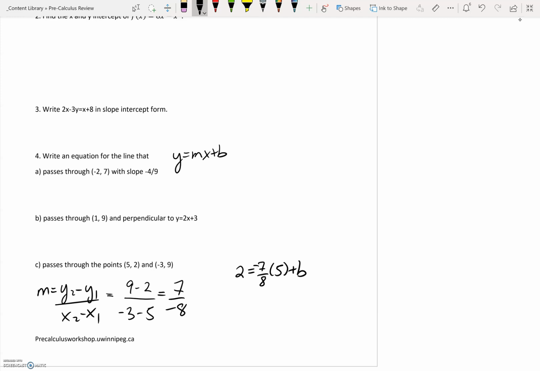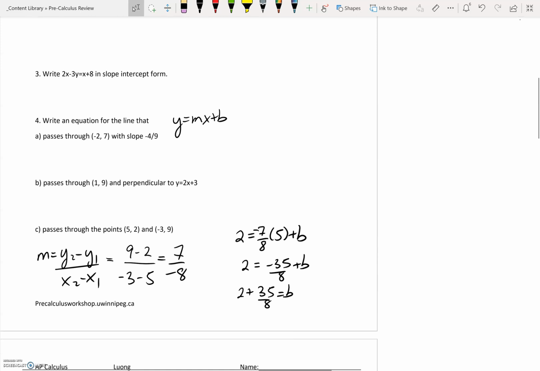So we're going to solve for b. So this would be -35 over 8 plus b. I want to move that 35 over 8 to the other side. So that's 2 plus 35 over 8 is equal to b. And then I want to simplify that fraction.